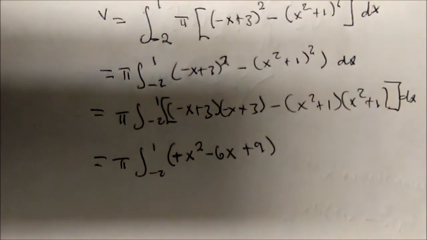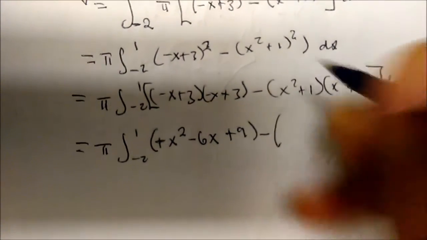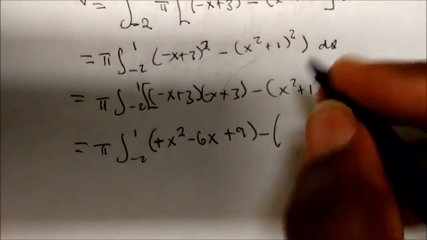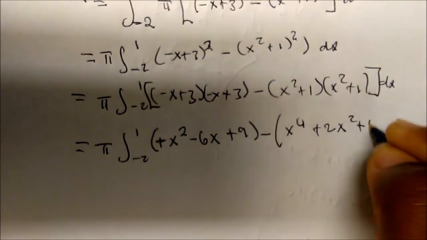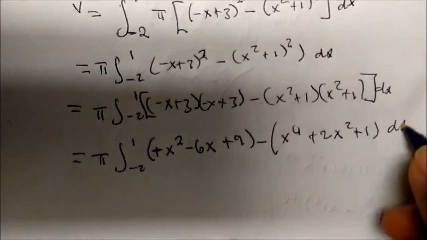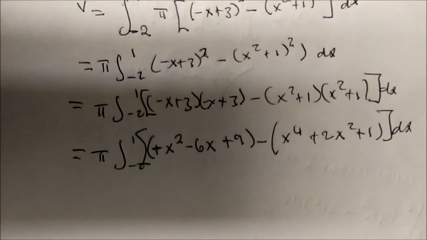Minus, if I distribute these, this will become x to the 4th plus 2x squared plus 1 dx. Again, bracket, I'm taking the integral of all of this. So this now literally becomes a simple integration problem where I could combine like terms.